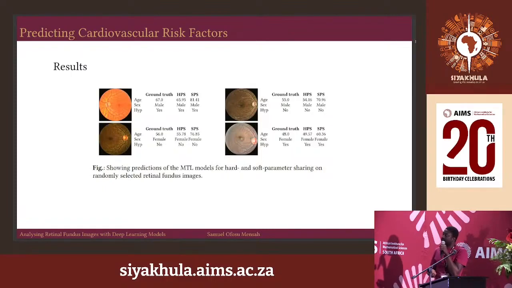The SPS is a bit off, but when it looks at the sex and the hypertension, the model got them correct. And it's similar for the other examples as well. We see that the model struggled, especially with the SPS, to predict the age. But for the other tasks, the model was okay with it.